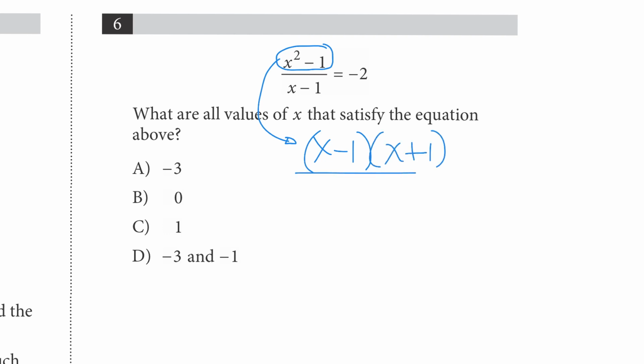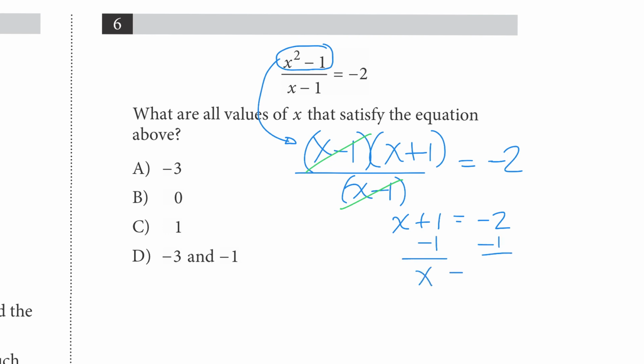That's divided by x minus 1, and that has to equal negative 2. So we're going to cancel the x minus 1's, and that leaves us x plus 1 equals negative 2. If you subtract 1 on both sides, you now have that x is equal to negative 3. So in this problem, x equals negative 3, so the answer is A.